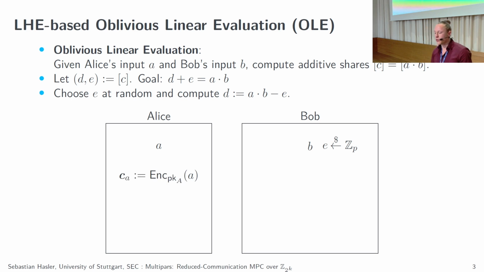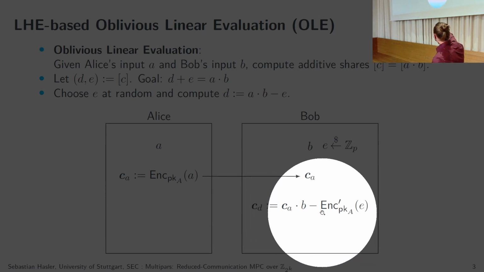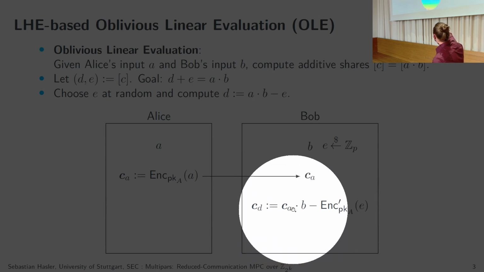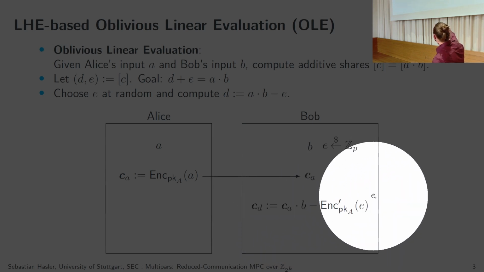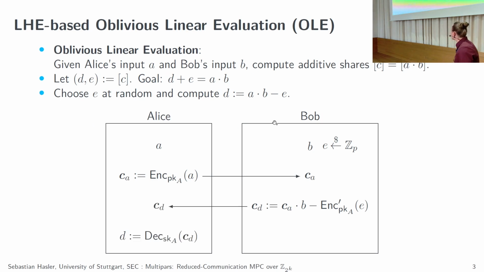And using linearly homomorphic encryption, Alice can compute a ciphertext that encrypts A and send that over to Bob. Bob then multiplies this times B and subtracts, using Alice's public key, an encryption of E. So now we have a ciphertext for A times B minus E, which is exactly what we wanted. We send this back to Alice, who can decrypt it as Alice knows her own secret key.